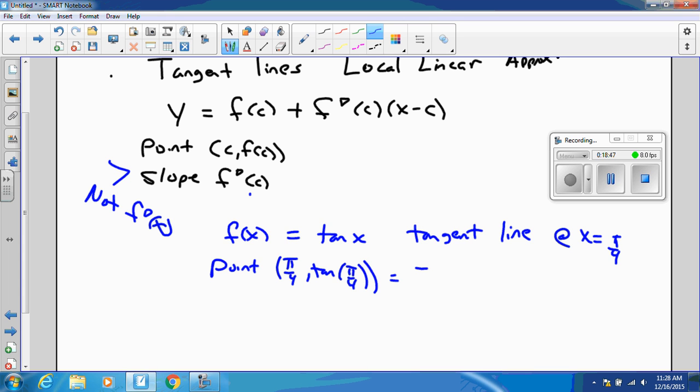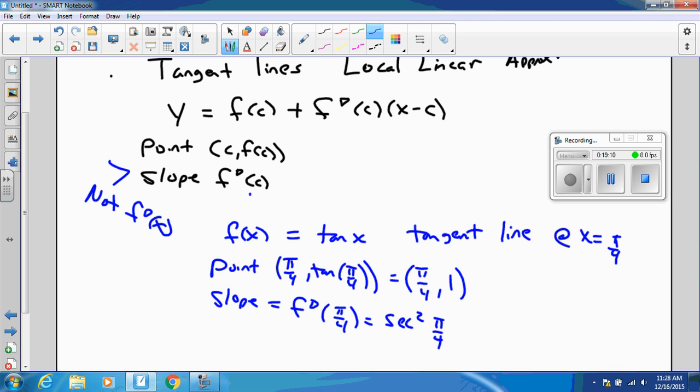What is the tangent of pi over 4? 1. And my slope will be the derivative of tangent. What is the derivative of tangent? Secant squared, evaluated at pi over 4.